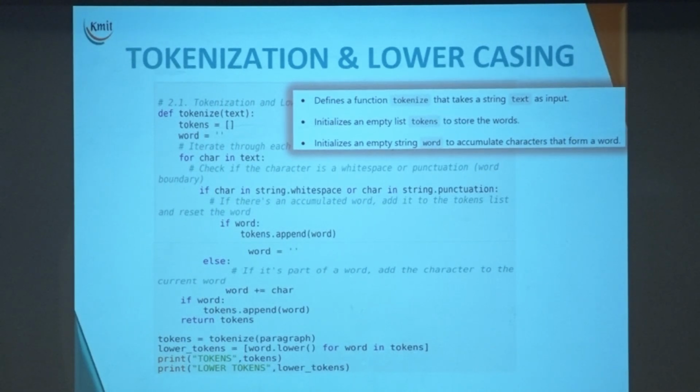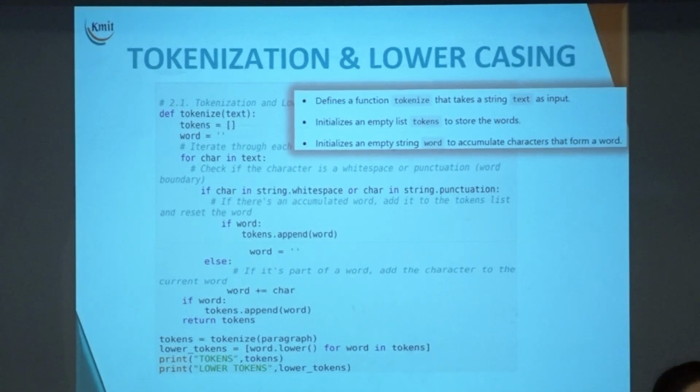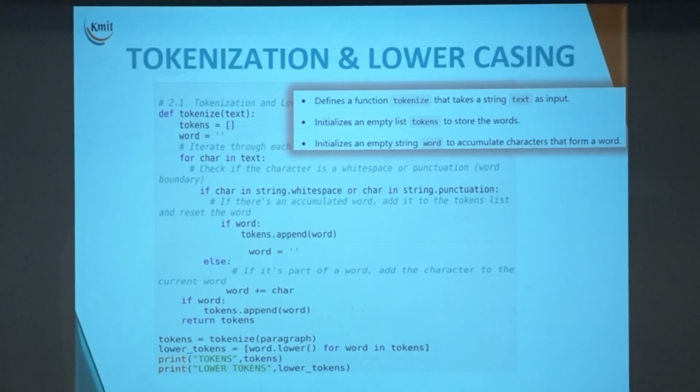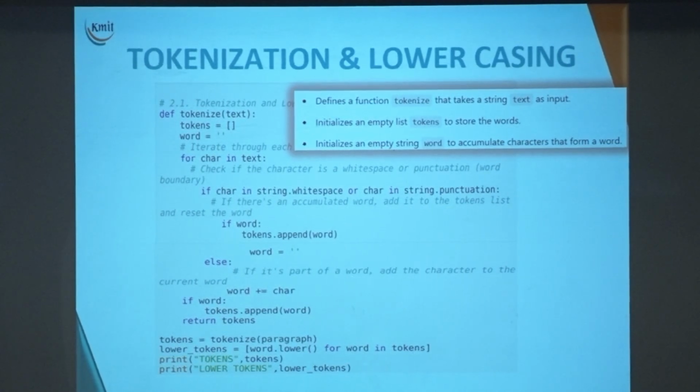Then I initialize an empty list, because all my paragraph will be converted into a list of tokens. Clear enough? So I initialize an empty list called tokens, and also an empty string, two inverted commas, called word, wherein I will be accumulating the characters of a word.